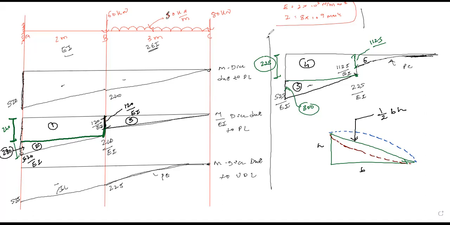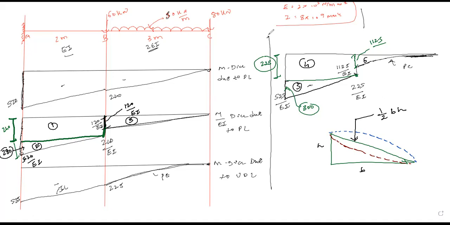We have already discussed this. Yes, B to A. You are right, B to A is fine. No problem. But which areas will you see from B to A? As we have discussed in theorem number 1, to calculate slope we need to calculate the area of the M by EI diagram.